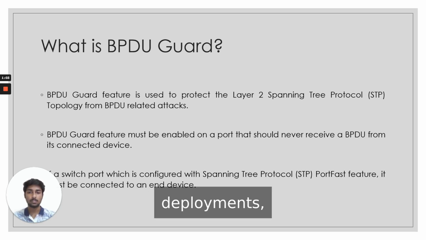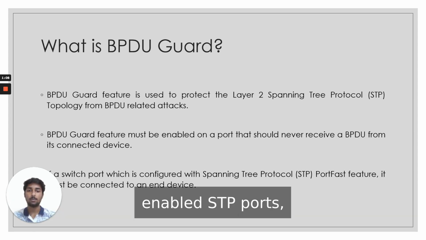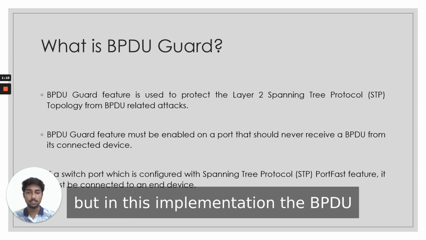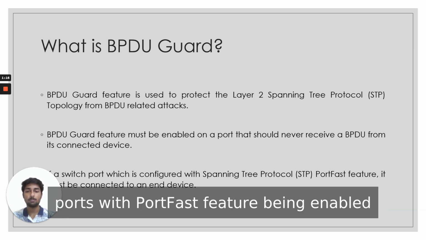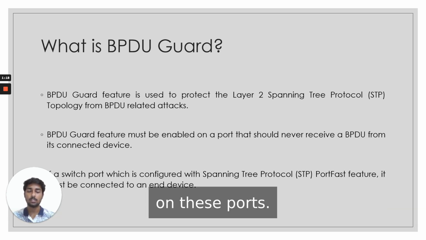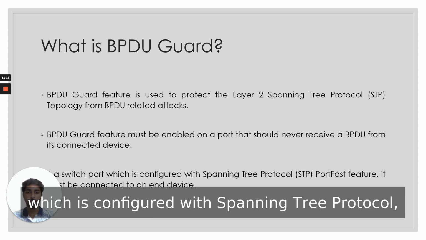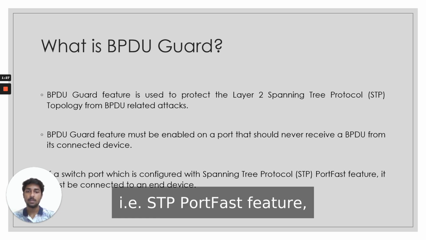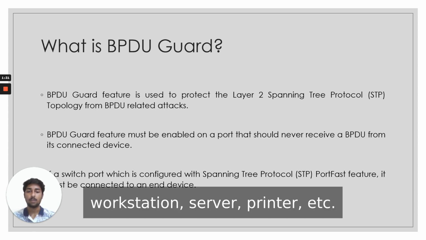In most deployments, BPDU guard feature is configured over the port fast enabled STP ports, but in this implementation, the BPDU guard feature can be enabled on any of the STP ports with port fast feature being enabled on these ports. Next, if a switch port is configured with the spanning tree protocol, that is STP port fast feature, it must be connected to an end device, for example workstation, server, printer, etc.